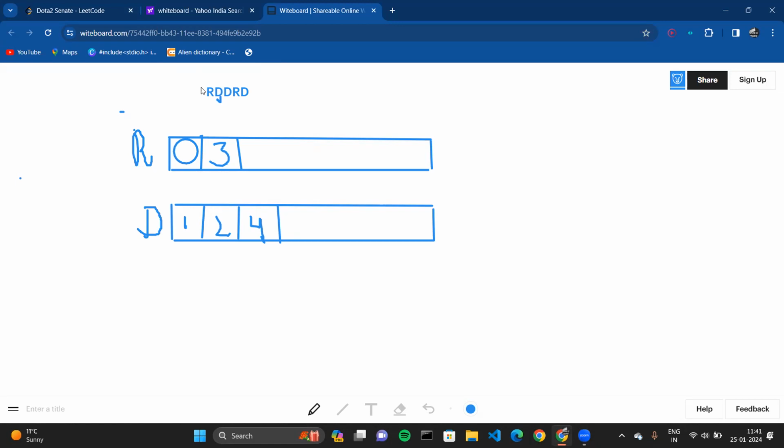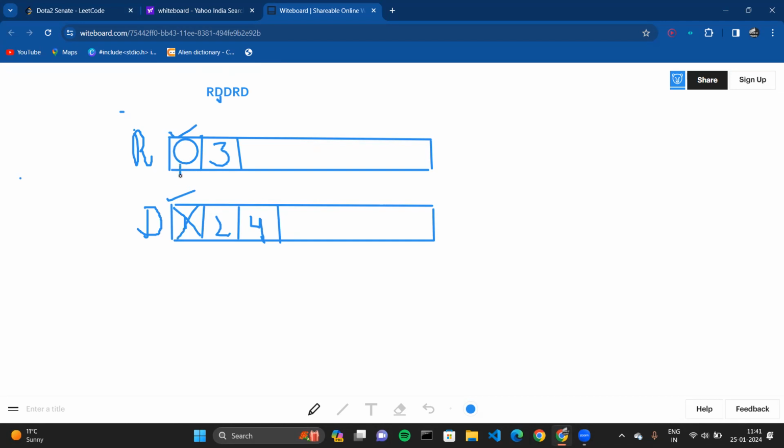Now we will iterate over the queues. In the first round, we will compare these fronts. Whichever is smaller will get the first chance. So R is smaller, so R can eliminate this D. Now what will we do?